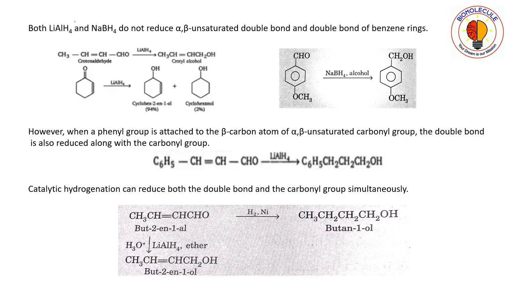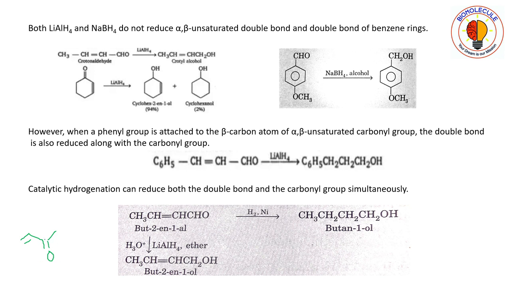Now both lithium aluminum hydride and sodium borohydride do not reduce alpha beta unsaturated double bond. So what do you mean by alpha beta unsaturated double bond? See, now this one is the ketonic group.